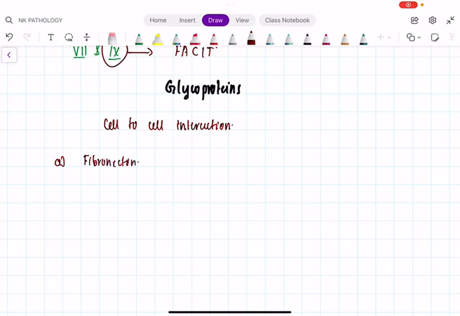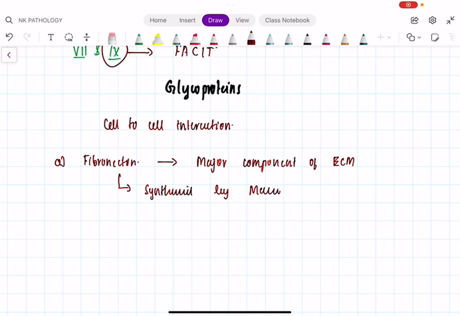This is a major component of extracellular matrix, ECM. They are synthesized by macrophages and fibroblasts.